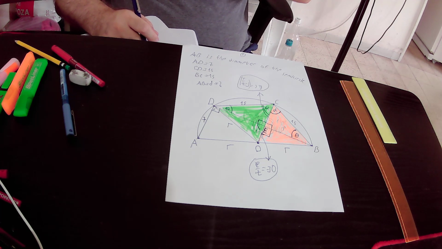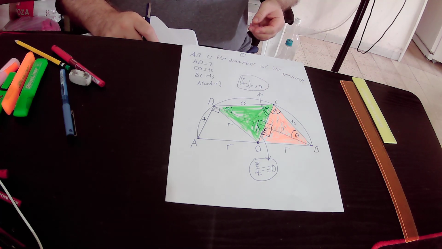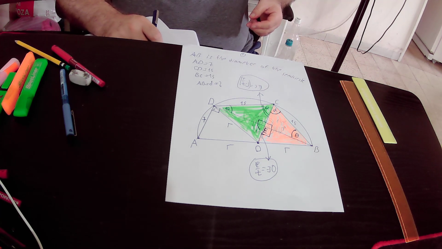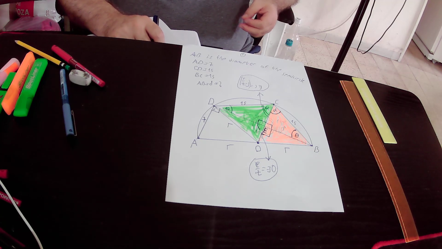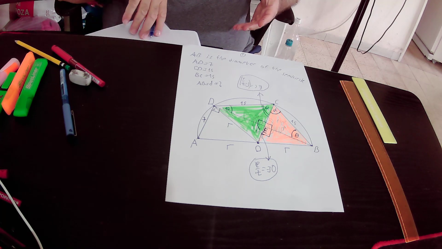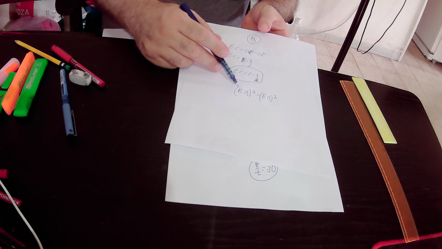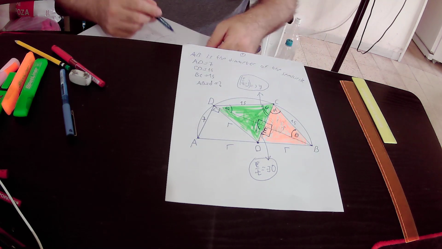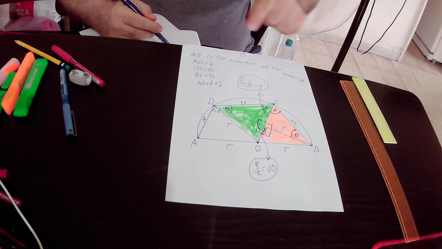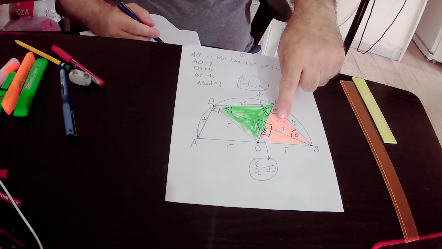We will implement the Pythagorean theorem on these two right triangles. The Pythagorean theorem states that the square of the hypotenuse equals the sum of the squares of the perpendiculars, and we have 2 times EB square in this equality. In the first EB square, we will implement the Pythagorean theorem on the right triangle CEB.